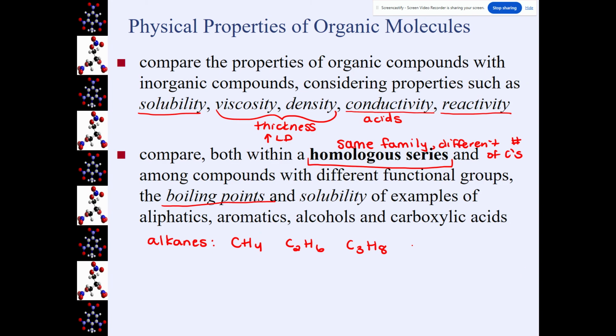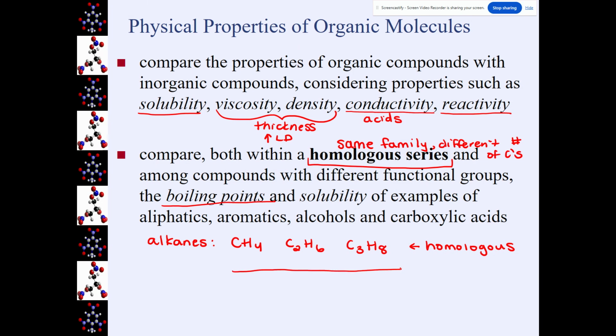Okay, this is a homologous series. They are all parts of the same family. They're all parts of the alkane family. Again, we know they're alkanes because their hydrogens are double the carbons plus 2. You could also draw them, but that's how you know by the formula that they're alkanes. Okay, so this is a homologous series.